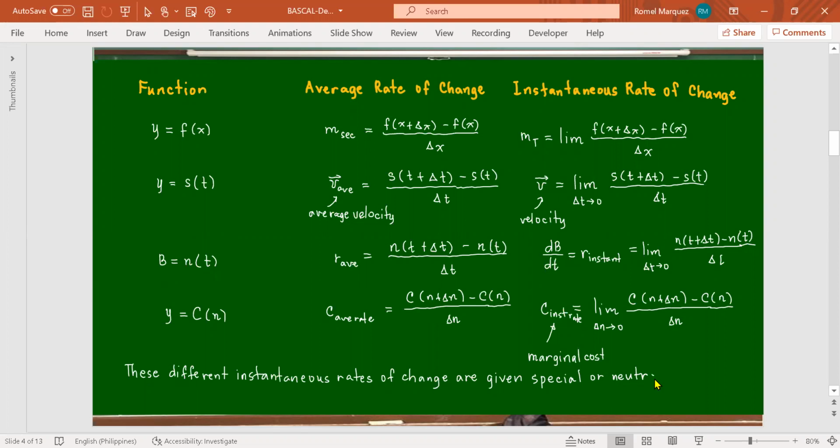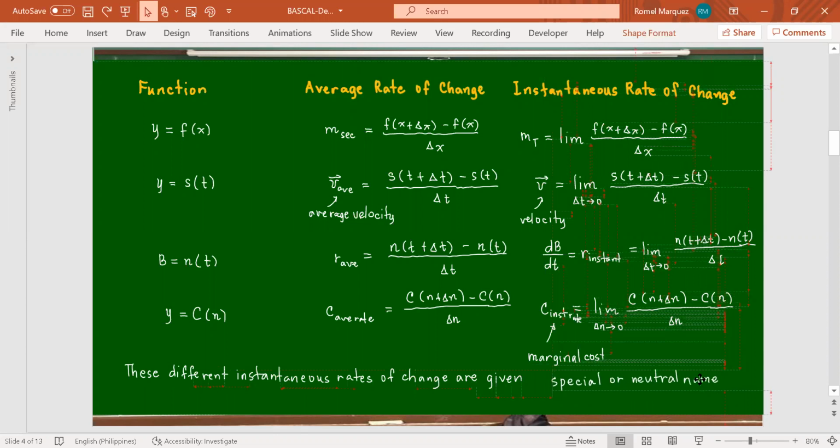Sophia, do you have any idea of what special name or neutral name is given to all these different instantaneous rates of change? No po. So it is given a special name called derivative. Anong tawag sa special name na binigay sa mga yan, guys? Derivative po. Lahat ng mga yan, derivative.